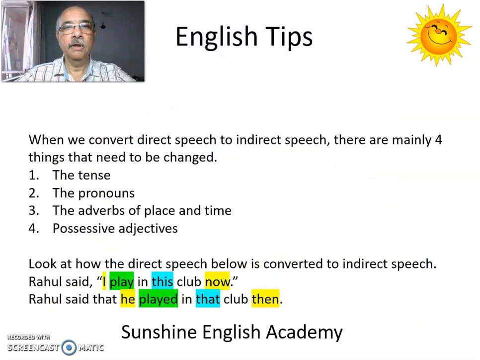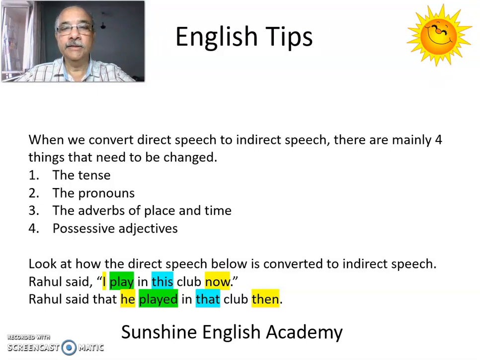Now, when we change direct speech to indirect speech, there are mainly four things which change in the indirect speech. One is the tense, then the pronouns, then the adverbs of place and time, and possessive adjectives.